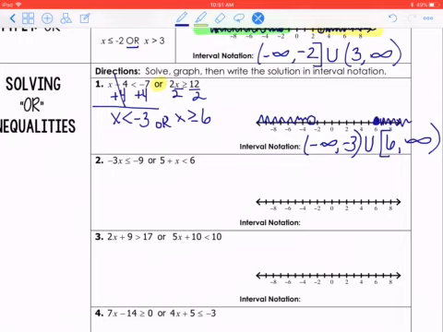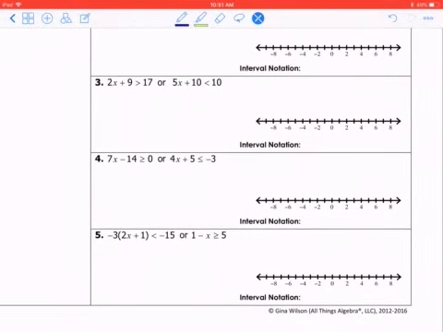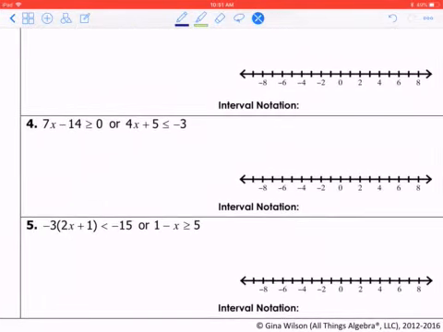Okay, let's go ahead and do number 4. For number 4, we have a two-step equation for both. I'm going to solve the one on the left by adding 14. You should have 7x is greater than or equal to 14.